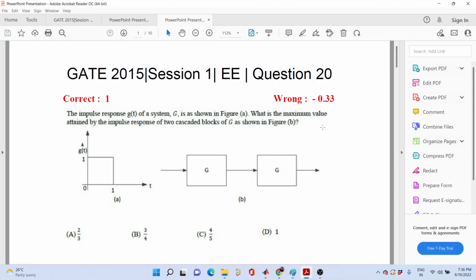The convolution of this unit step and another unit step would look like a triangular function, from 0 to 2, and the peak occurs at 1. Correct, absolutely, very good.